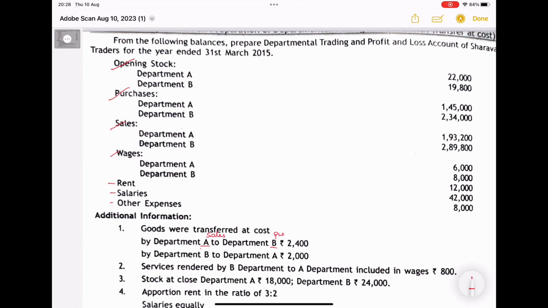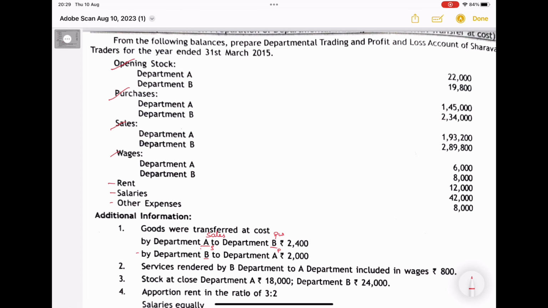Here A has transferred goods worth 2,400 to B. The second point is the transfer by department B to department A. For B it is a sale and for A it is a kind of purchase. So it is the interdepartmental transfer of goods.